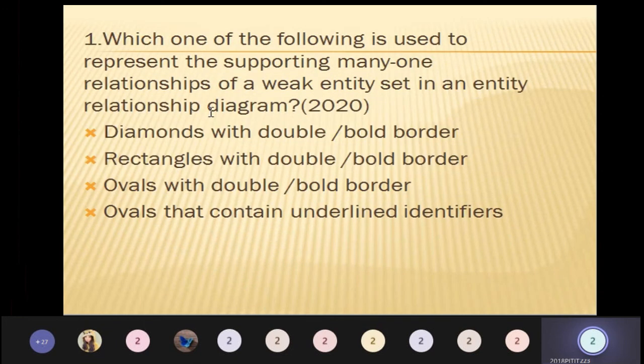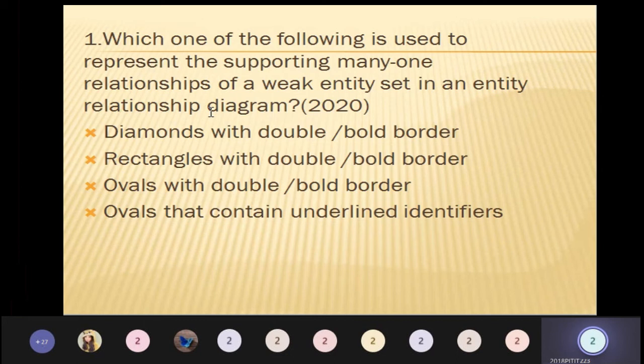So next let's see the questions, that is GATE questions, how they ask DBMS questions. This is an example. The first one is: which of the following is used to represent the supporting many-one relationship of the weak entity set in the entity relationship diagram?